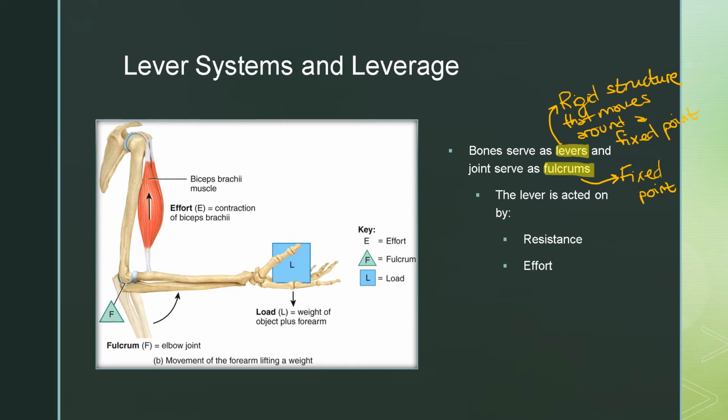Now, a lever is acted on at two different points by two different forces. We have the effort, which causes the movement, and the resistance or load, which opposes movement. So again, effort is going to cause movement, and the resistance or load is going to oppose movement.